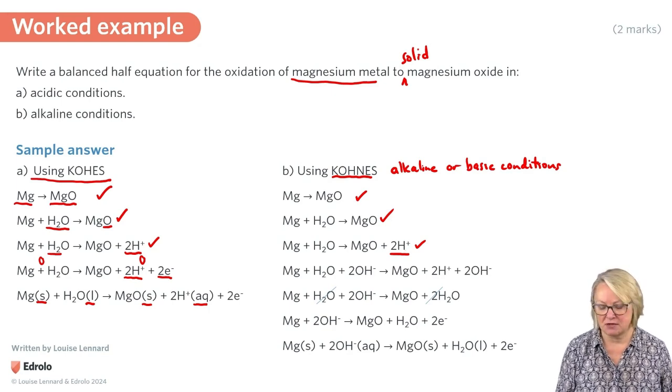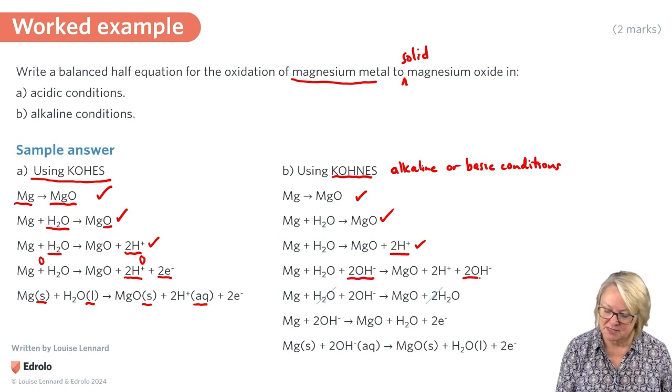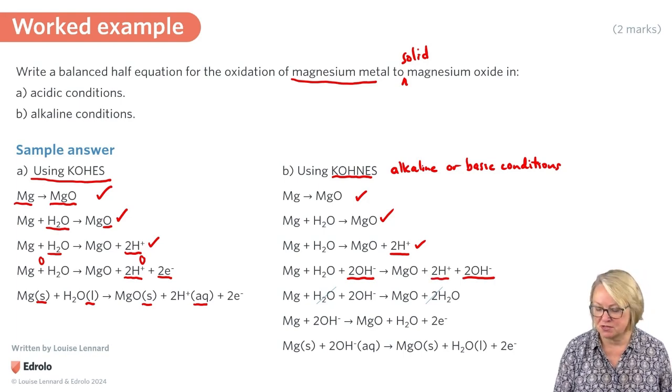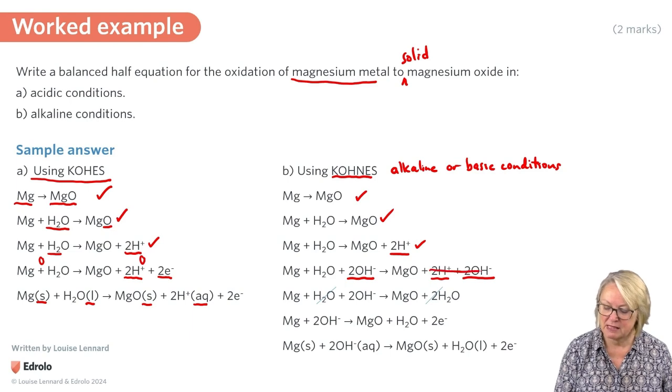That means we need to add 2 hydroxide ions to both sides of the equation. We need to do the same to both sides. So now we've got 2 hydroxide ions on the left, but we've got 2 hydroxide ions and 2 protons on the right. They together make 2 molecules of water.